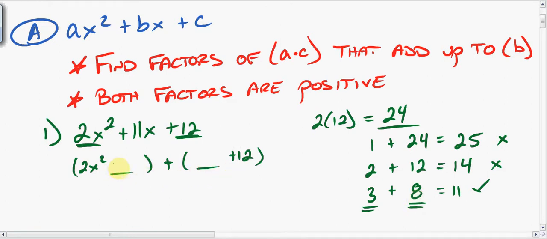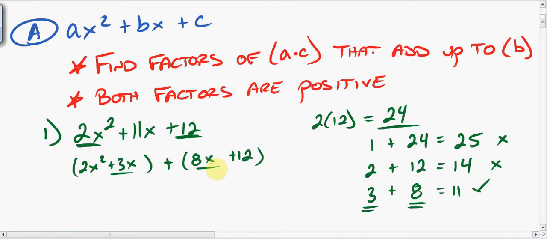It doesn't matter. I could put 3 here, 8 here. But what you have to do is add the variable to each of the factors. So our variable in the problem is x. So I'm going to add 3x here and 8x here. 3 is one of my factors, add an x to it. 8's another factor, add an x to it.